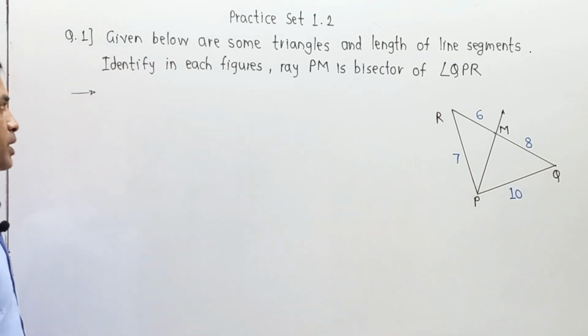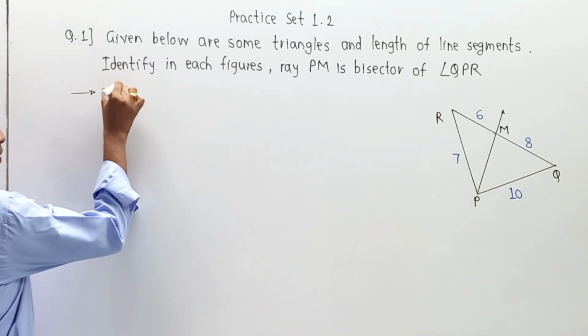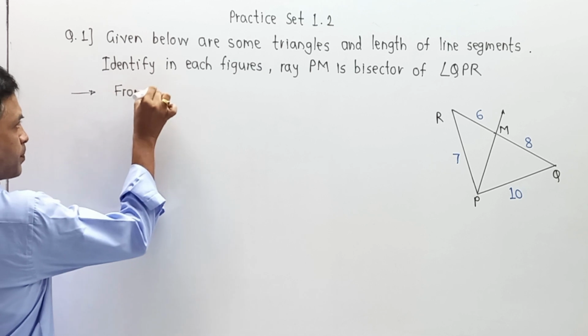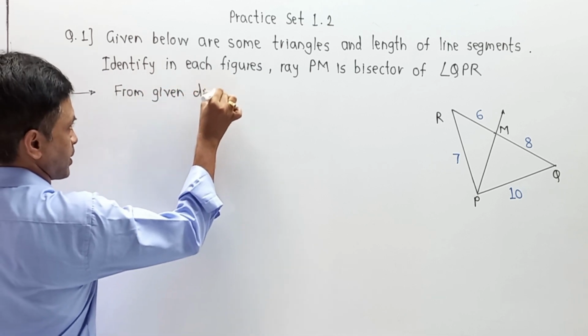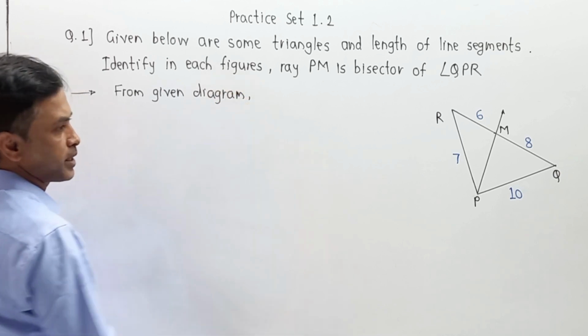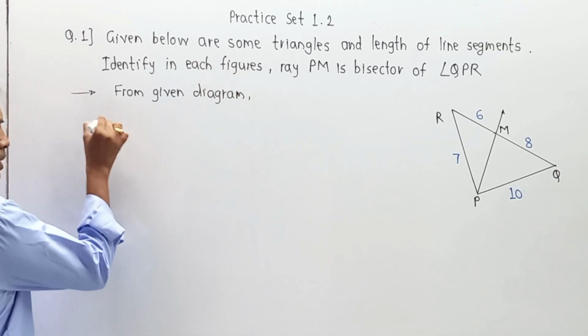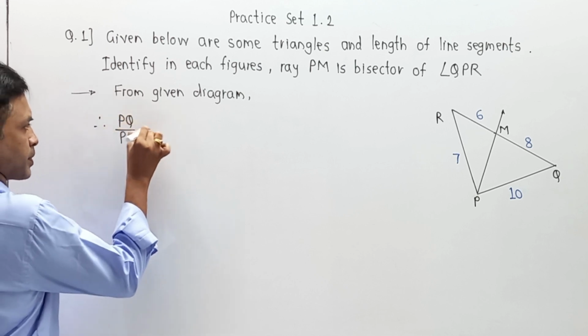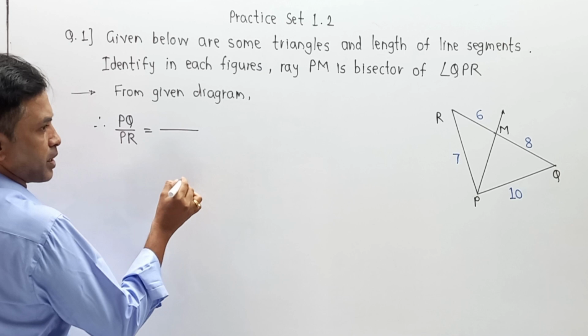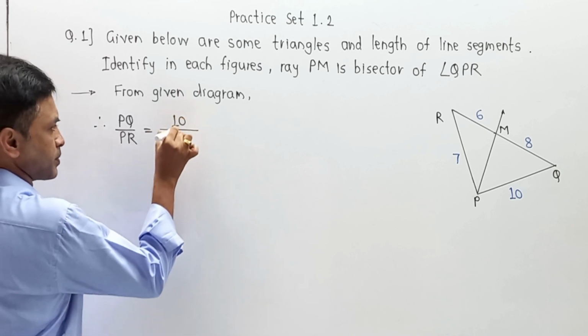So coming to the answer, from the given diagram, because data is available from the diagram that they have provided, the first ratio is PQ upon PR. This PQ upon PR from the diagram is 10 upon 7.